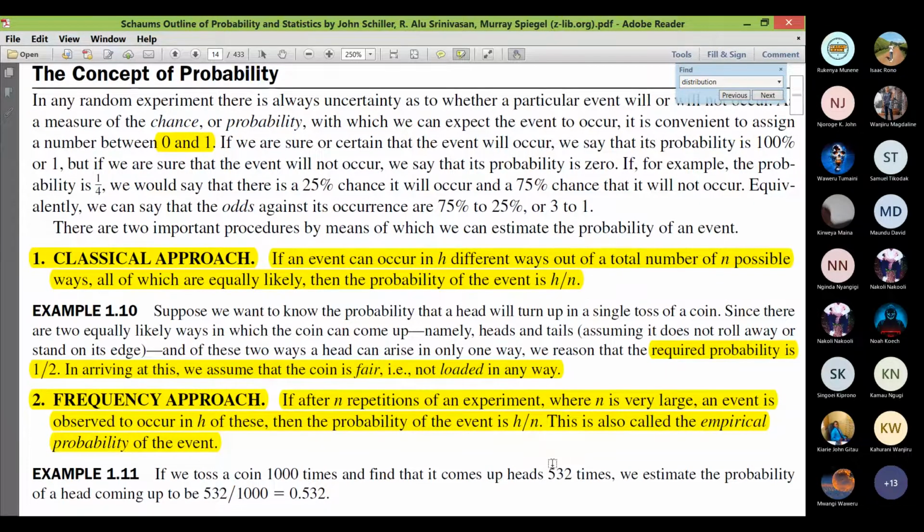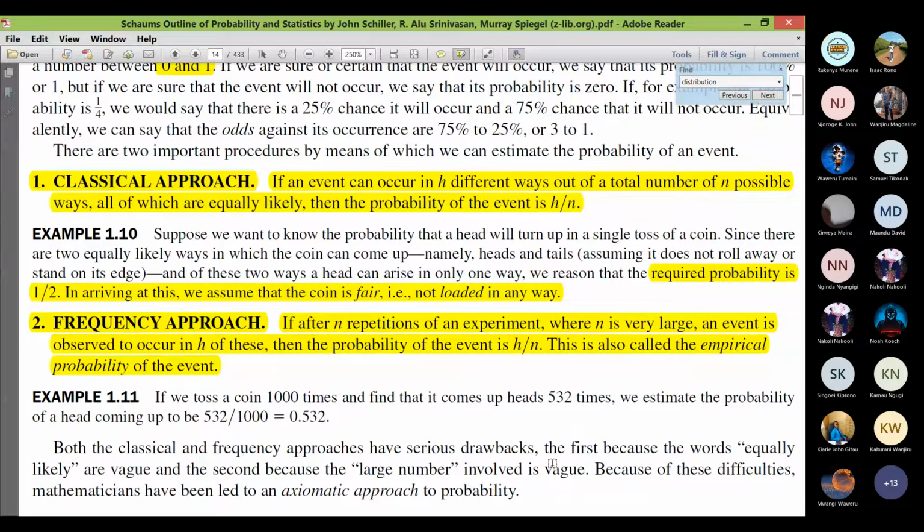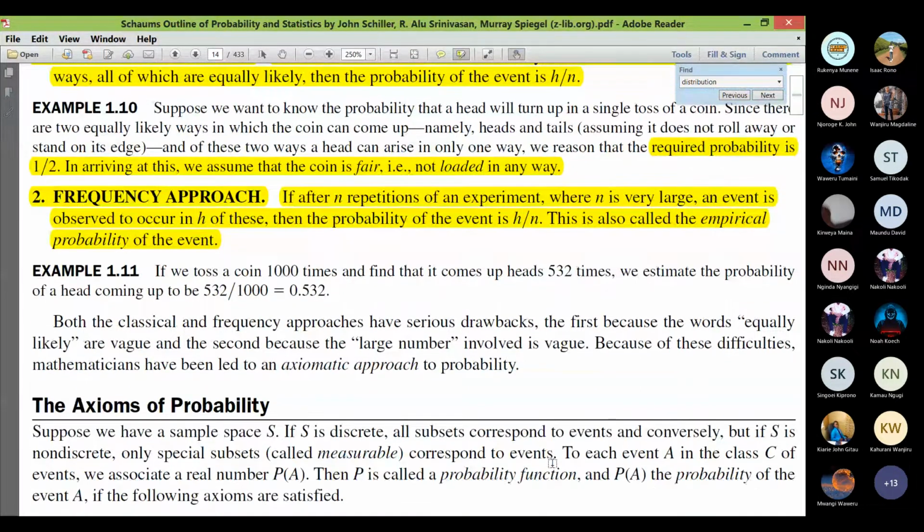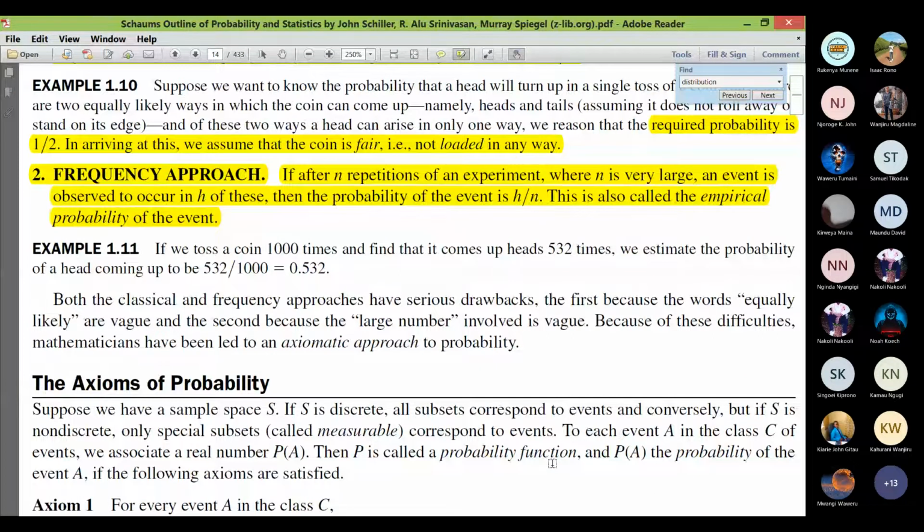Look at example 1.11. This explains frequency well. If we toss a coin 1,000 times and find that it comes up heads 532 times, because you agree with me that it will not be exactly 500. If you do an actual experiment, your imagination would think there will be 500 heads and 500 tails.